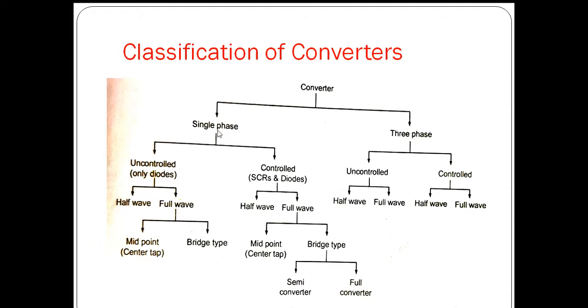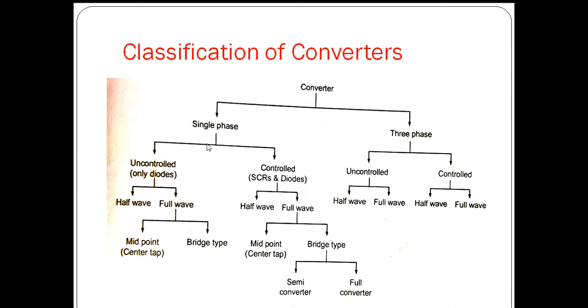Single phase converters are further classified, depending on the controlling action, into uncontrolled converters and controlled converters. Uncontrolled converters operate using only diodes, and controlled converters operate with SCRs and diodes. These are further classified into half wave controlled converters and full wave controlled converters.